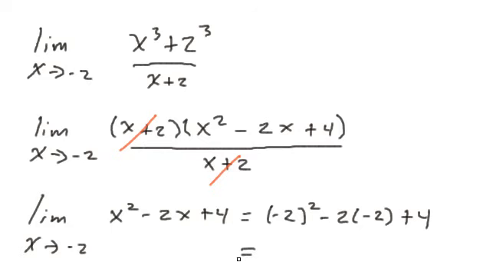And we do the arithmetic now. Let's see, we get 4, and a negative and a negative becomes positive, so we get 4 plus 4 plus 4, which is going to be equal to 12. So that's like the same as the last problem.